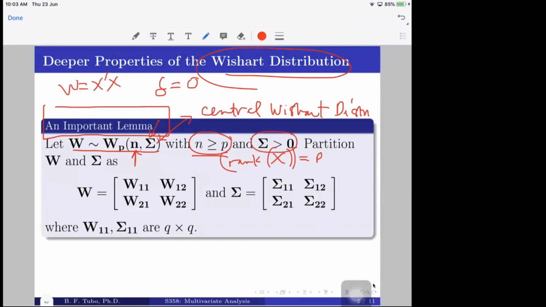And we want sigma to be positive definite. So if this is positive definite, then the inverse of sigma exists. And because of these two assumptions, we will be sure that the inverse of W also exists.